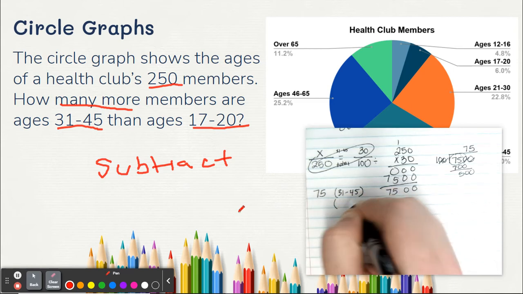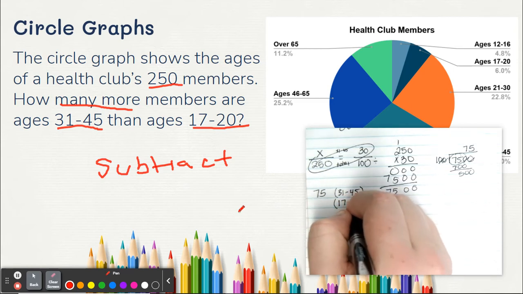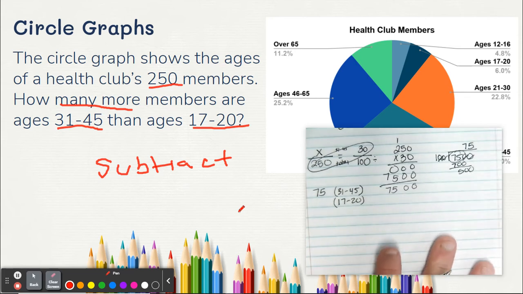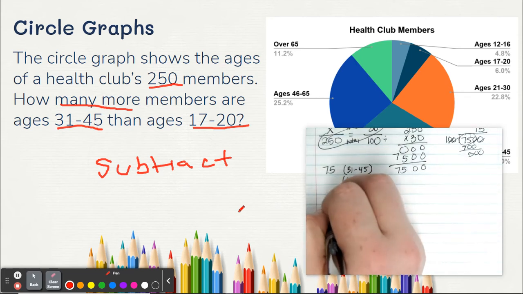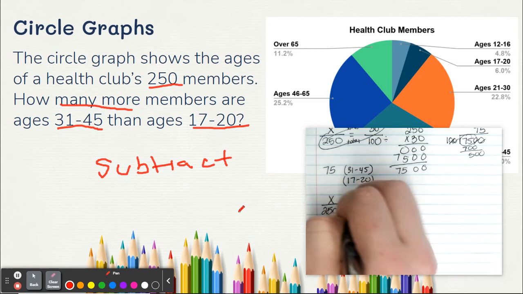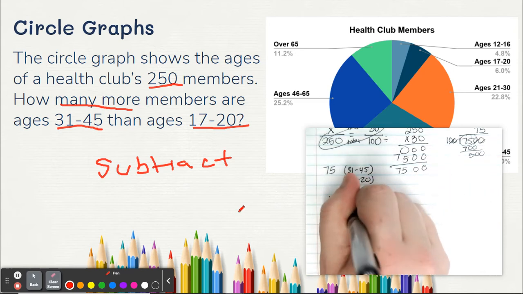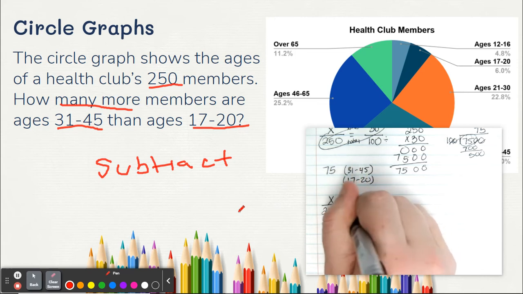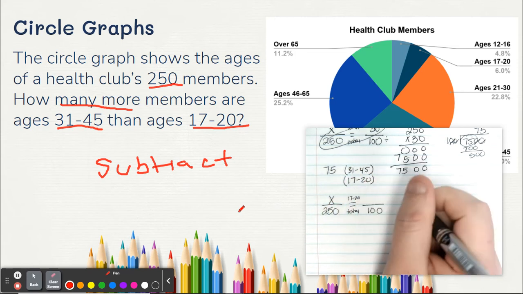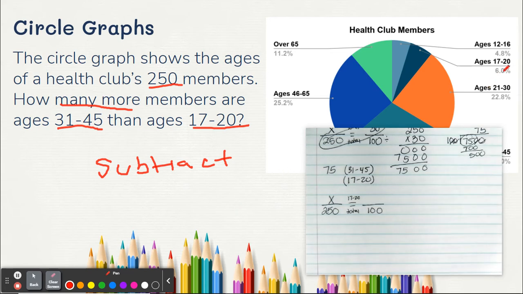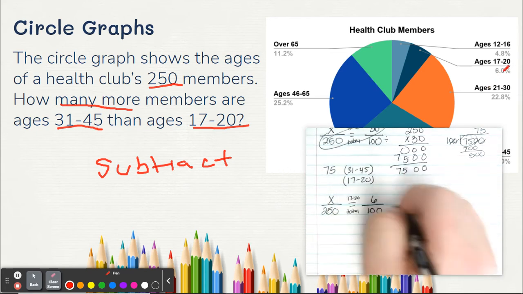Okay, now let's look for our 17 to 20. Let's write another proportion for that one. Still going to be x over 250, because we're still looking for the 17 to 20, and that's the total, but my percentage is going to change. So still over 100, but my percentage of 17 to 20 is 6%. So I'm going to put 6 here instead.